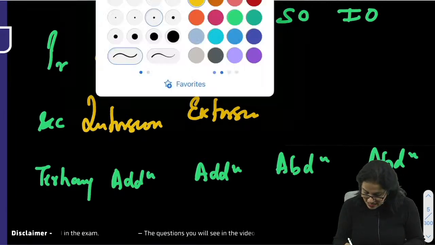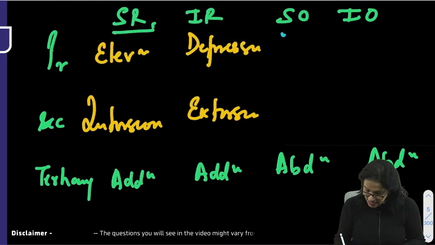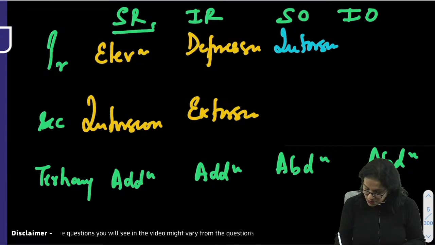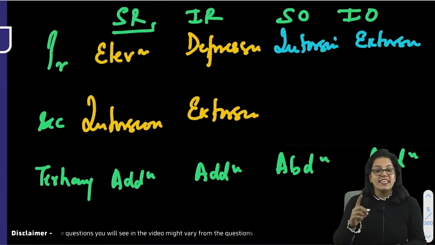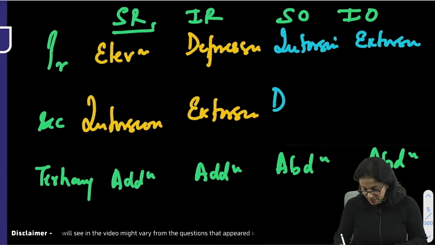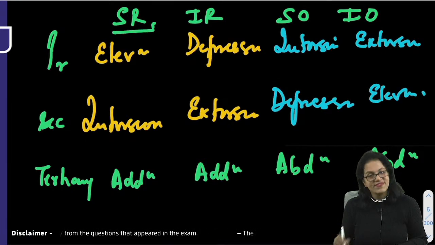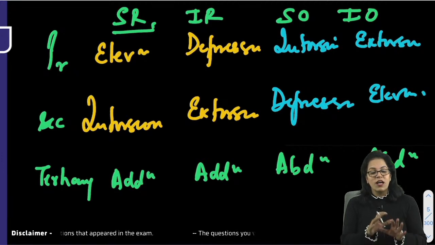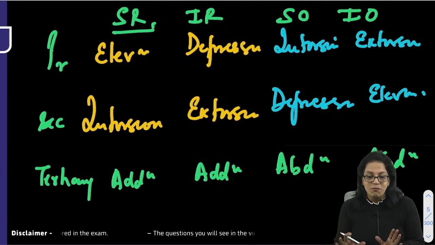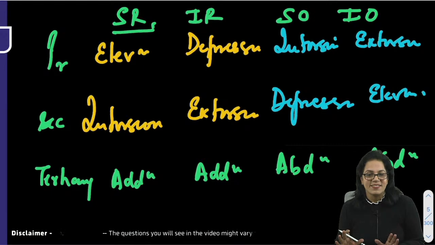Since superiors are intorters, I will write here intorsion for superior oblique, extorsion for inferior oblique. And as I said, it will do the opposite work, so superior oblique depression and inferior oblique elevation. Easy? So this is how we'll first understand the muscles here and the action of muscles, right?